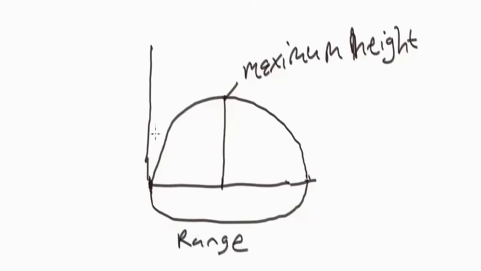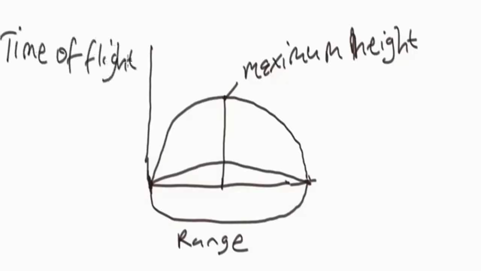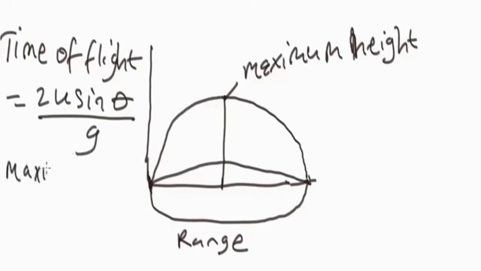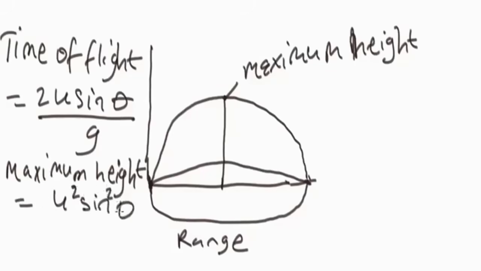Whereas the time it took the missile to move from this place to this place is known as the time of flight. Time of flight in projectile is calculated using 2u sine theta over g, whereas maximum height is calculated using u square sine square theta over 2g.